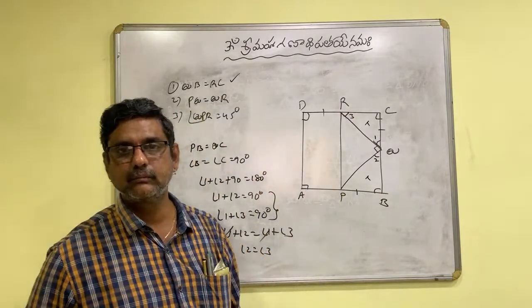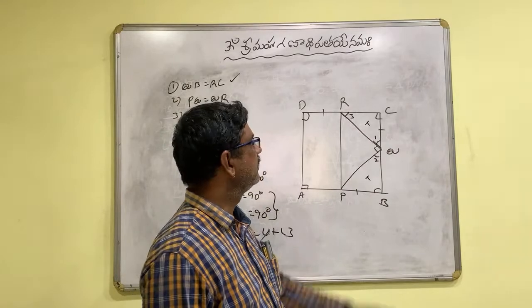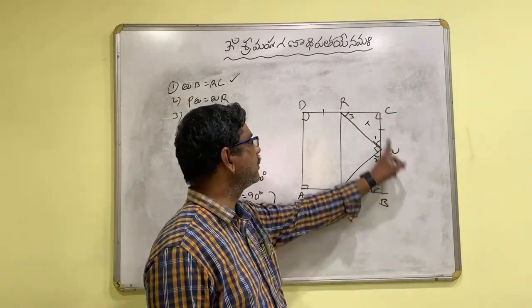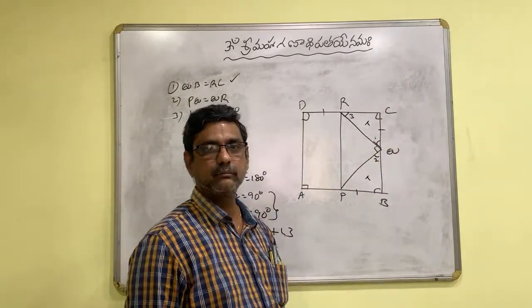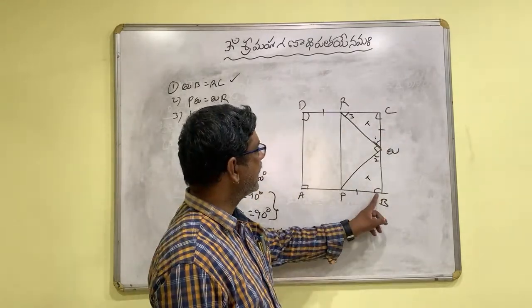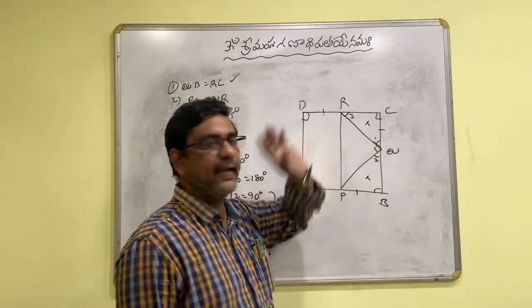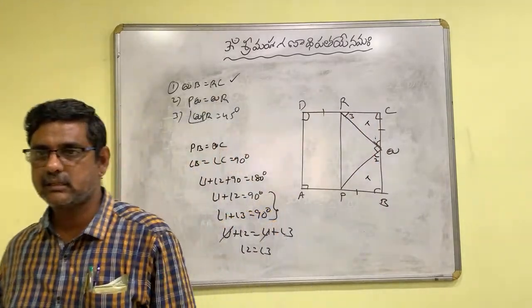Now children, you see triangles PBQ and RCQ. PB is equal to QC. Angle B is equal to angle C. Angle 2 is equal to angle 3. Are they congruent?